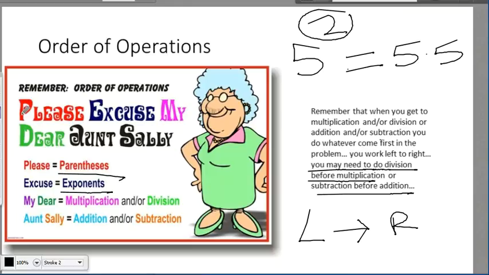We do parentheses, exponents, all divisions and multiplications, working left to right, and all subtractions and additions, working left to right. Okay, so we are going to practice evaluating a couple of numerical expressions, and then we will evaluate some algebraic expressions, and then you guys will be ready for your quiz.